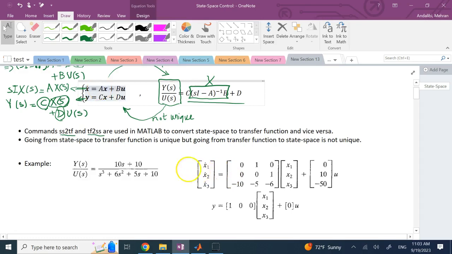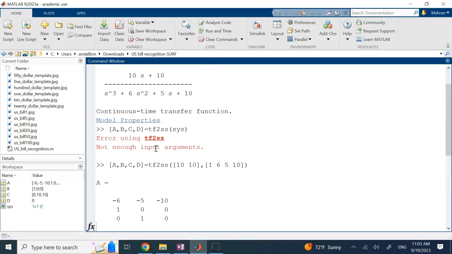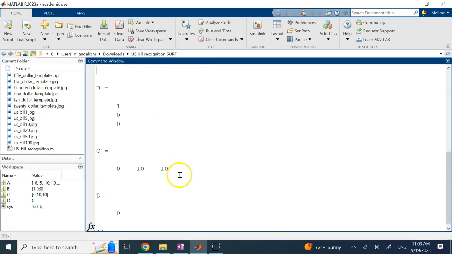But if I give this A, B, C, and D, and I ask for the transfer function, so if I use the command ss2tf, and I pass this A, B, C, and D to it, this command should give you the same transfer function.